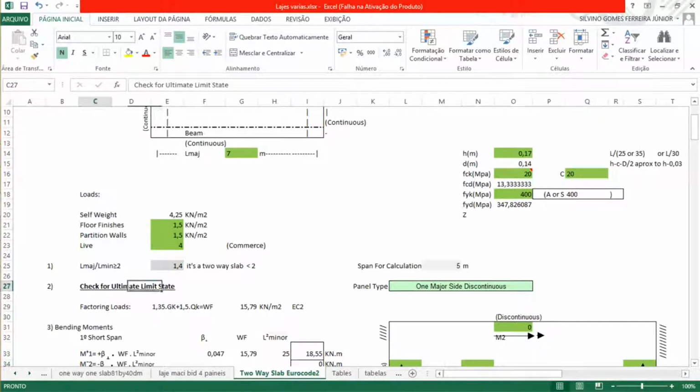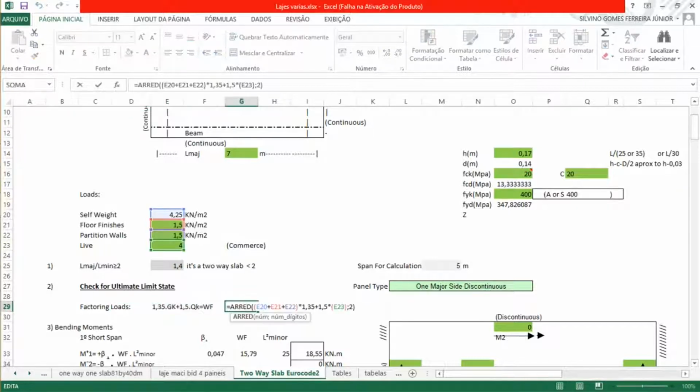So let's start by checking the bending moments. First, let's factor the loads. It will be 1.35 multiplied by the permanent loads plus 1.5 multiplied by the variable loads.